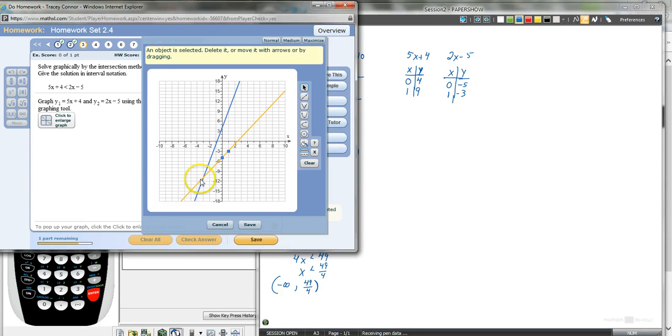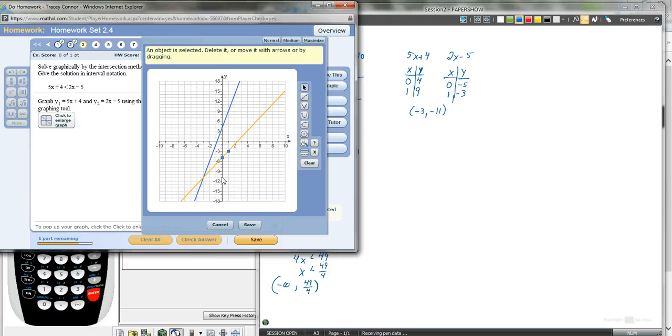And then we can see where they're intersecting, and it looks like it's intersecting at negative 3 comma, looks like negative 11. Okay.